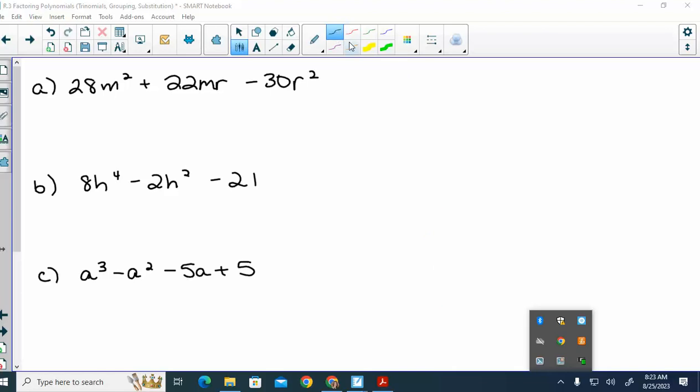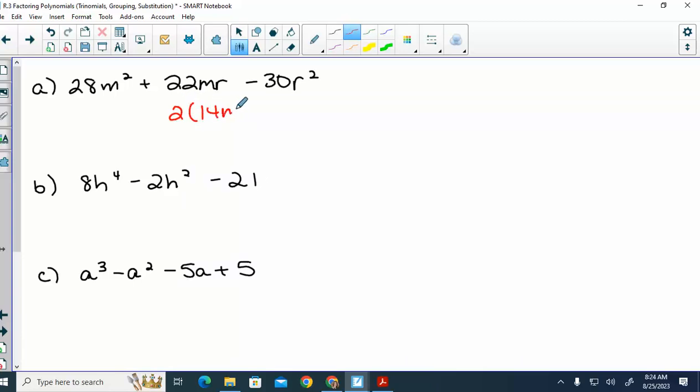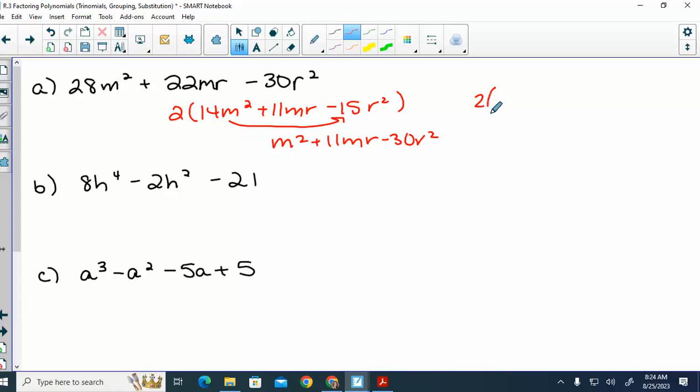So the first one, what'd you guys pull out to begin with? GCF of 2. Okay, so then if you do slip and slide, so we still have that 2.